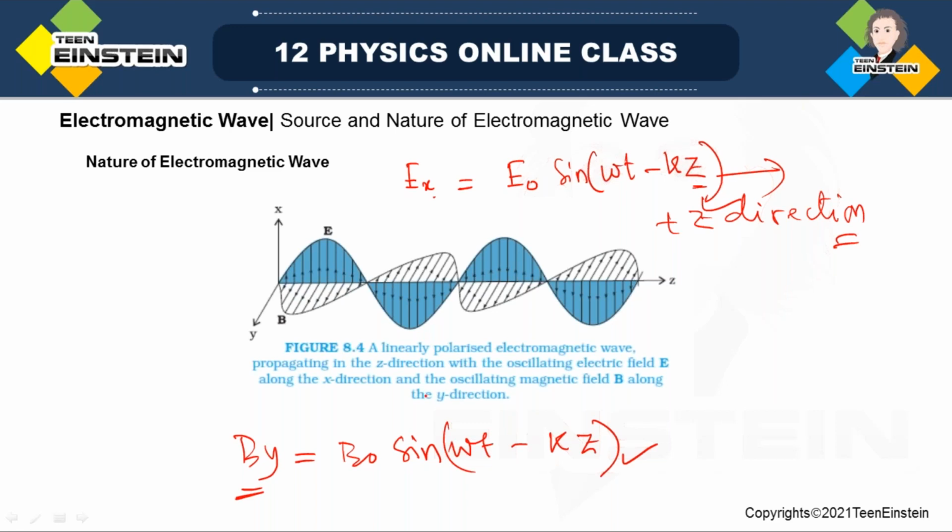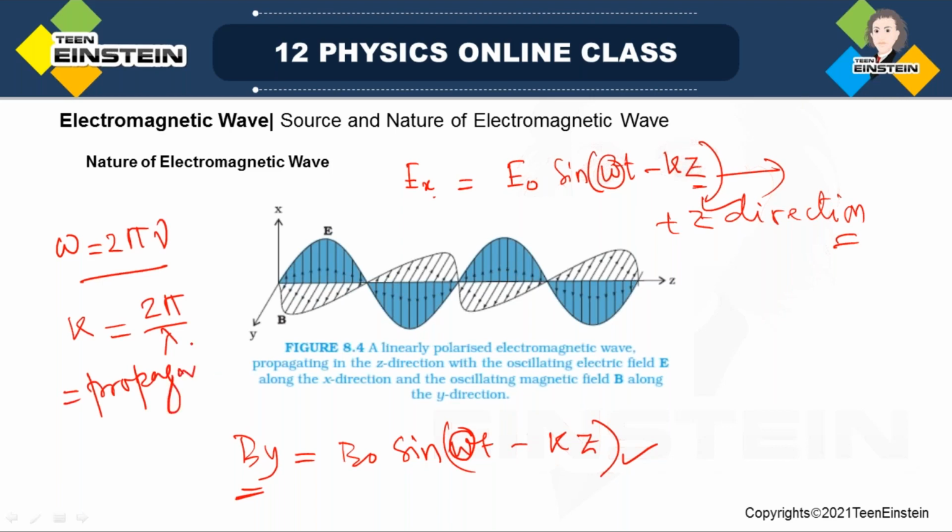The EM wave is a combination of these two waves. And what is this k? K is actually called the propagation vector, 2 pi by lambda.